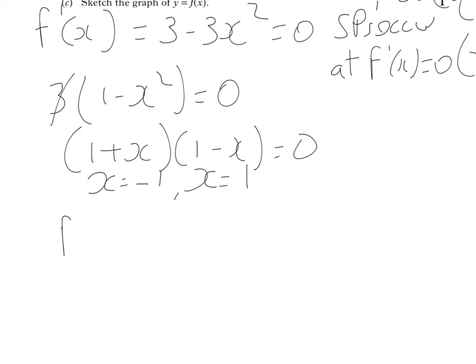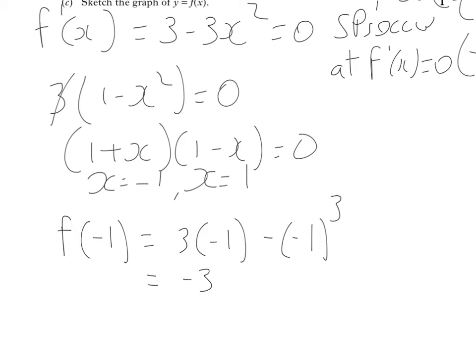I'm now going to find my y coordinates, so put back in the original function, so f of minus 1 is going to be equal to 3 lots of minus 1 minus minus 1 cubed. It's minus 3, minus 1 cubed is minus 1, but put a minus in front of it and that's plus 1, and that's minus 2.